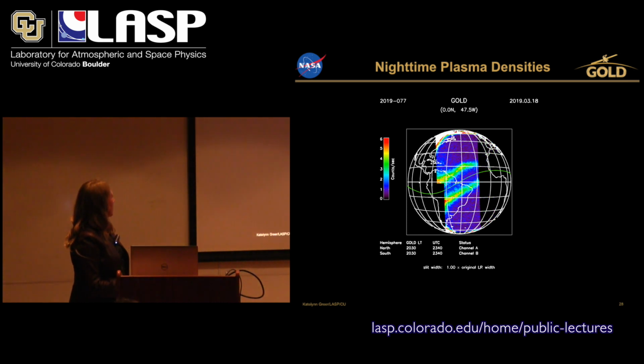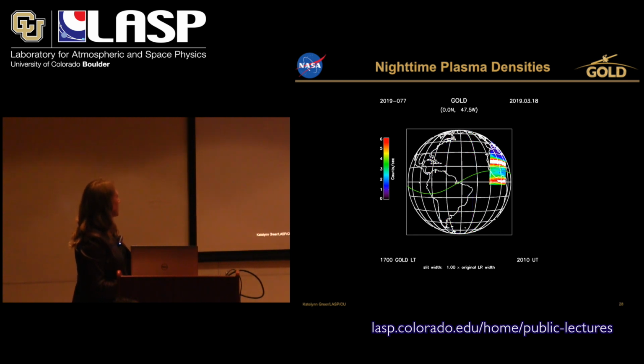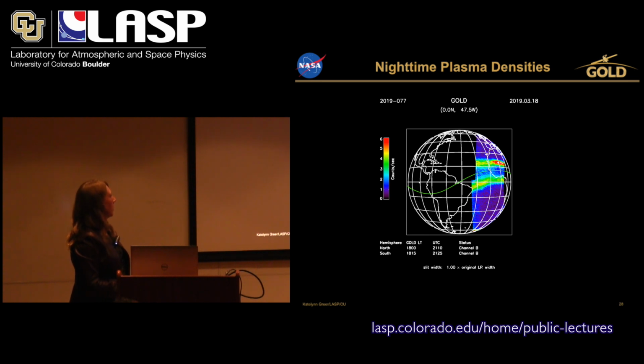So as the movie starts over, you can see it start on the left or right hand side. You can still see the two bright crests of plasma on either side of the geomagnetic equator. And then as time goes through the night, we follow it along.